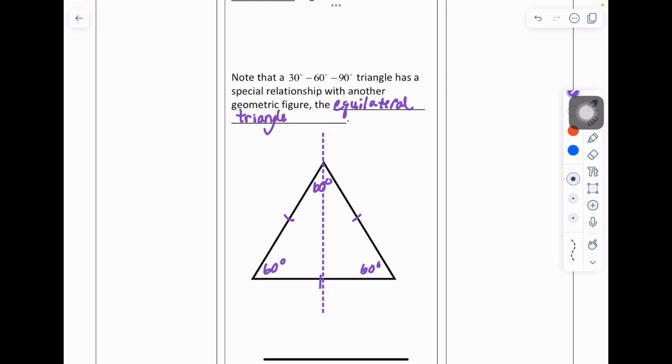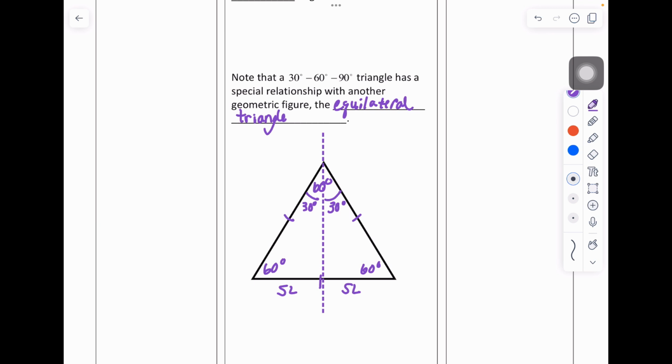What happens is I now have a shorter leg here, because this would be 30 degrees. So the opposite side.